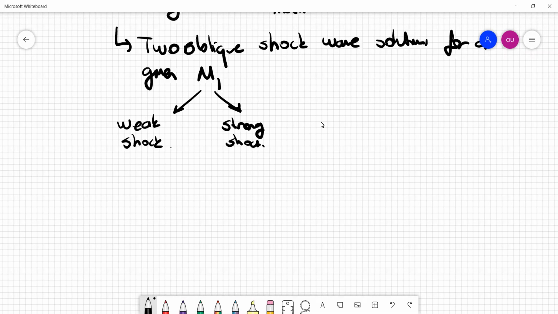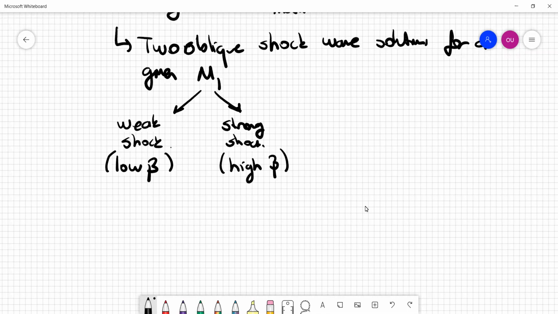The weak shock solution has a relatively low, numerically low number for beta. A strong shock solution generally has a numerically high value for beta.